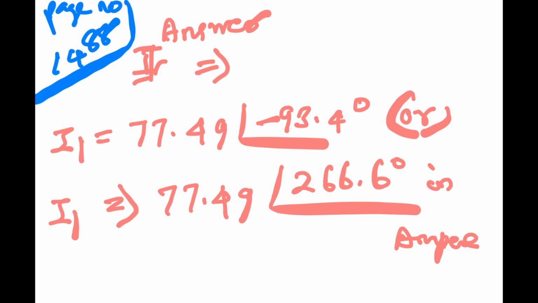We can choose either model to find the line currents, by phasor difference or by using the formula V divided by Z with the angle formula. Using these two methods we find the line currents I1, I2 and I3.